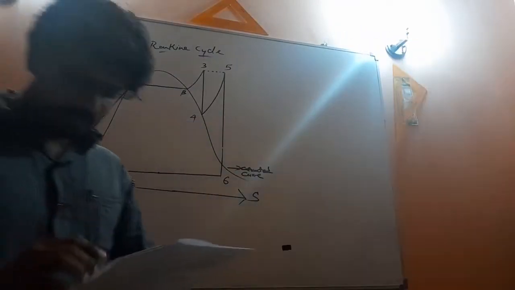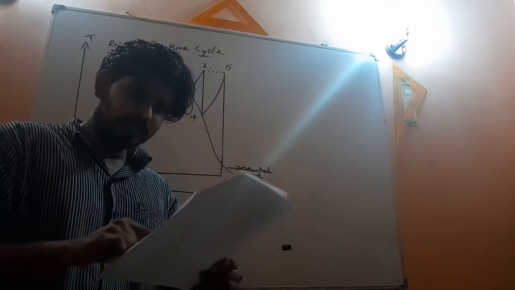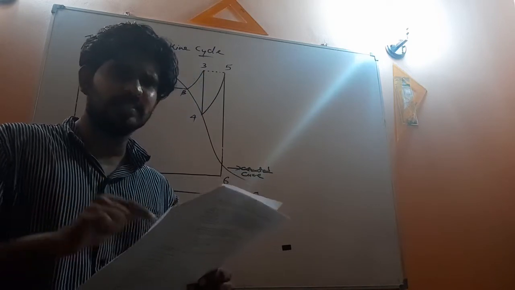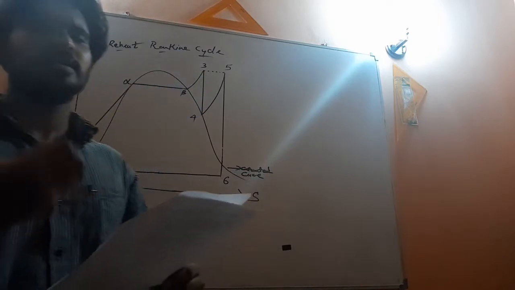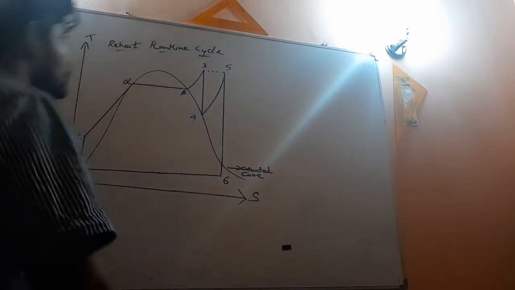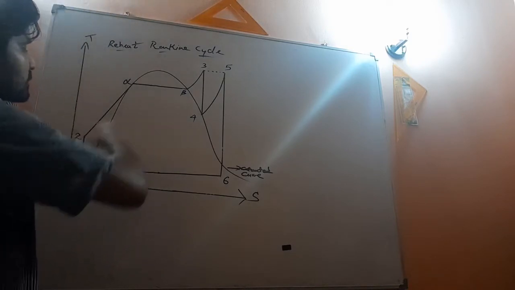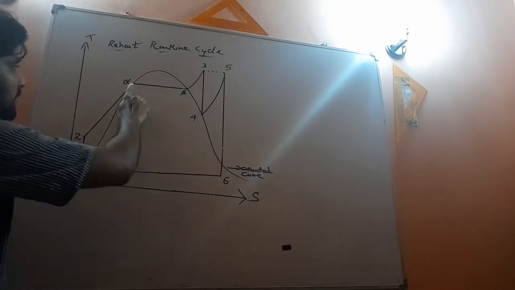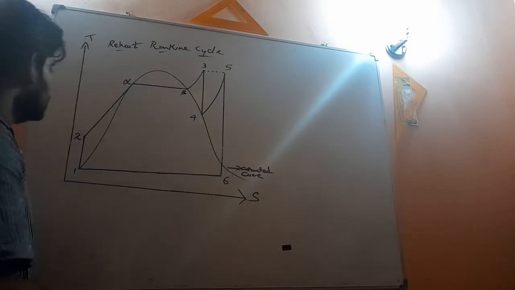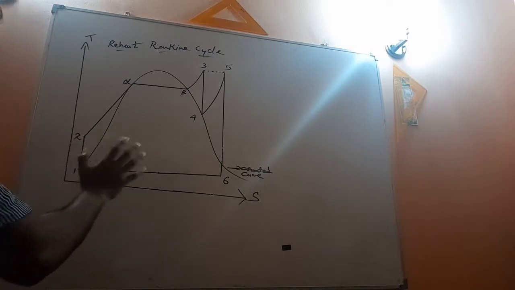Look at the problem now: after expansion the exit steam of this stage is dry saturated. So this stage means the first turbine stage, right? So that is also clear. And this point alpha is definitely on the saturated curve, and point 2 is not on the saturated curve, right?